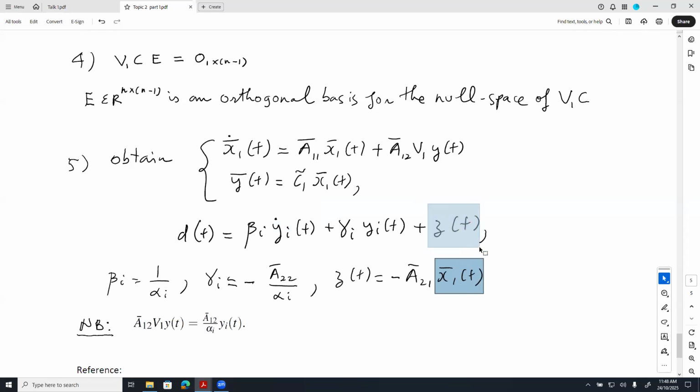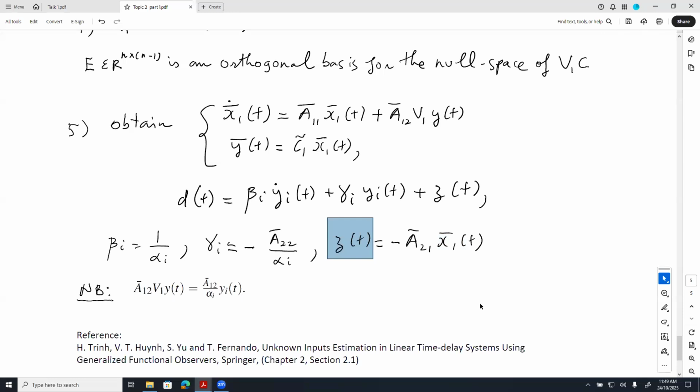We will not estimate x bar 1 of t directly. But we are going to estimate this scalar linear function of the stack vector by designing linear functional observers. We will explain that more in later videos.